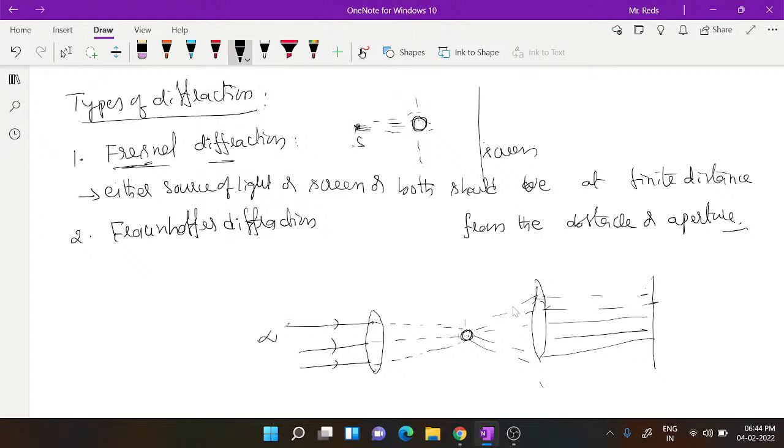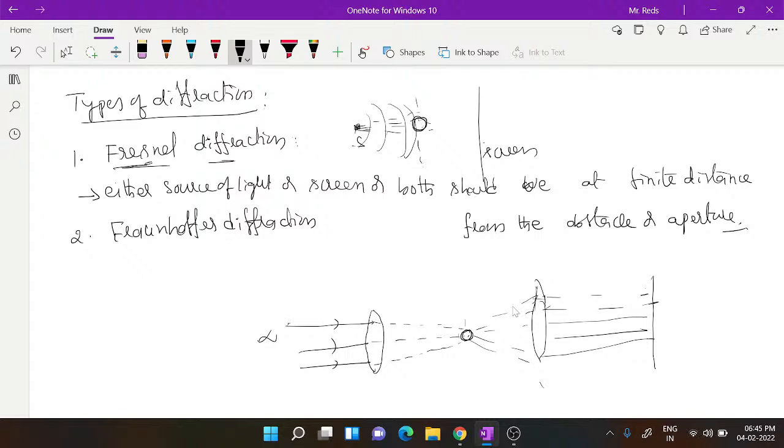If we are using a point source, the wavelets approaching this will be spherical. If you are using a point source, spherical wavefronts will act as a source of light.